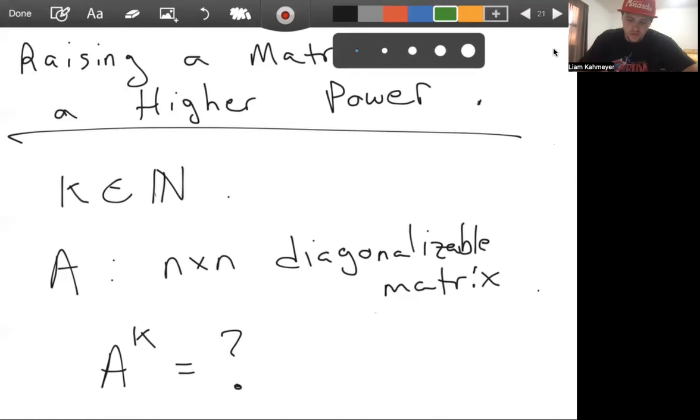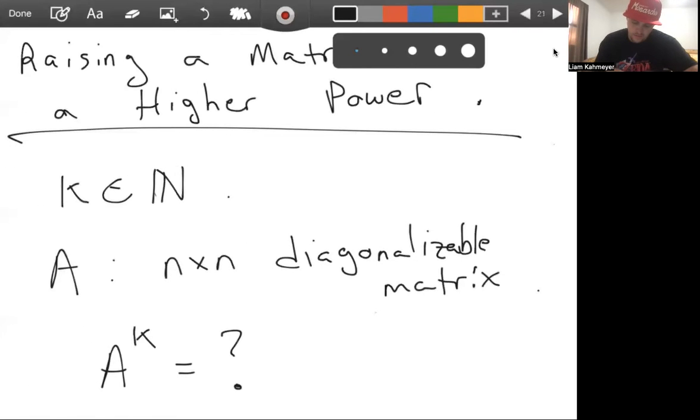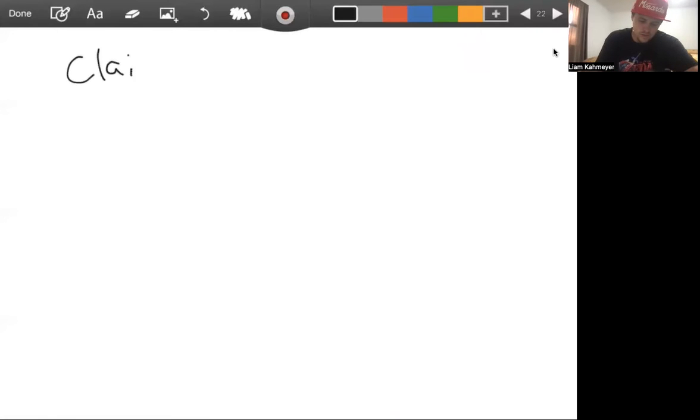So how do we use diagonalizable matrices to compute higher powers of a matrix? Well, I have the following claim.